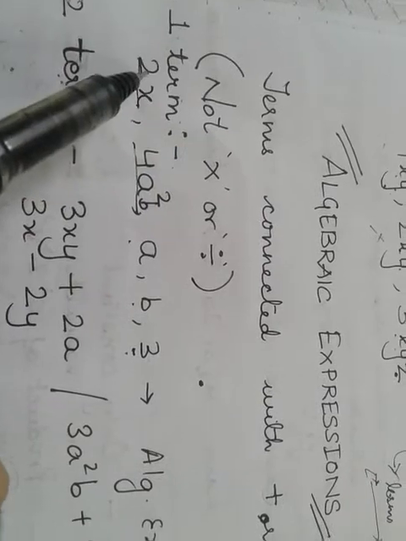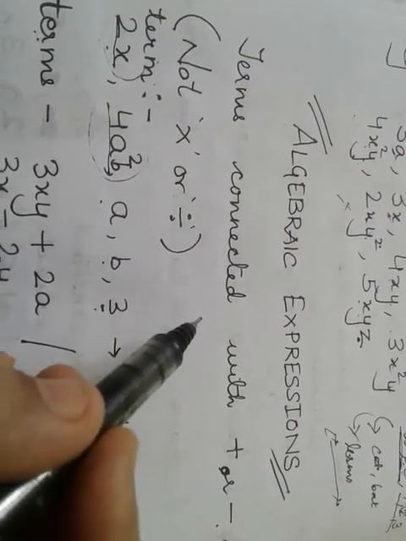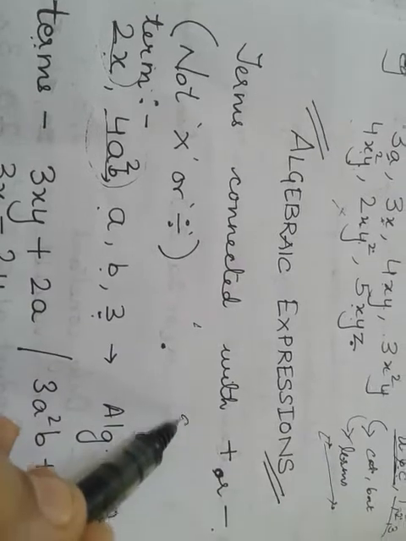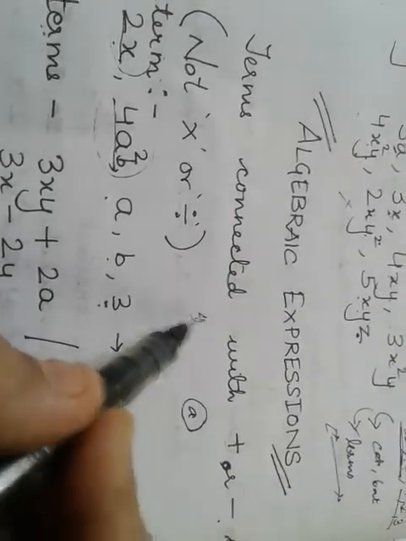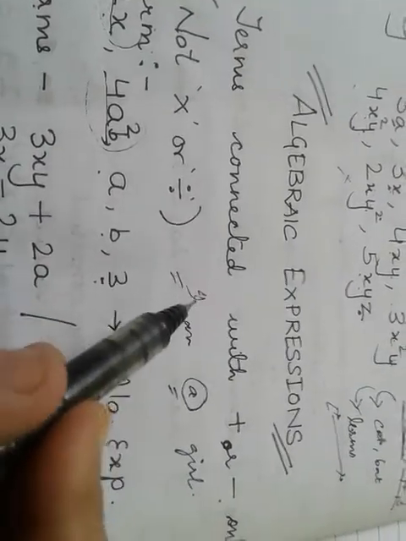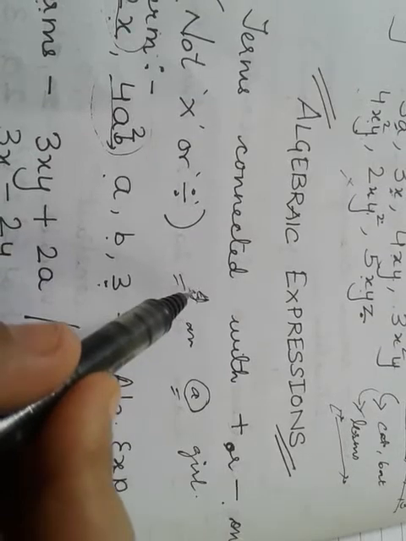Now second, one term. These are algebraic expressions with one term. 2x is an algebraic expression. For example, when we write, I am a girl, here a, although it is alone, is a word. I is also a word, a is also a word. Even though they are single, they are words.